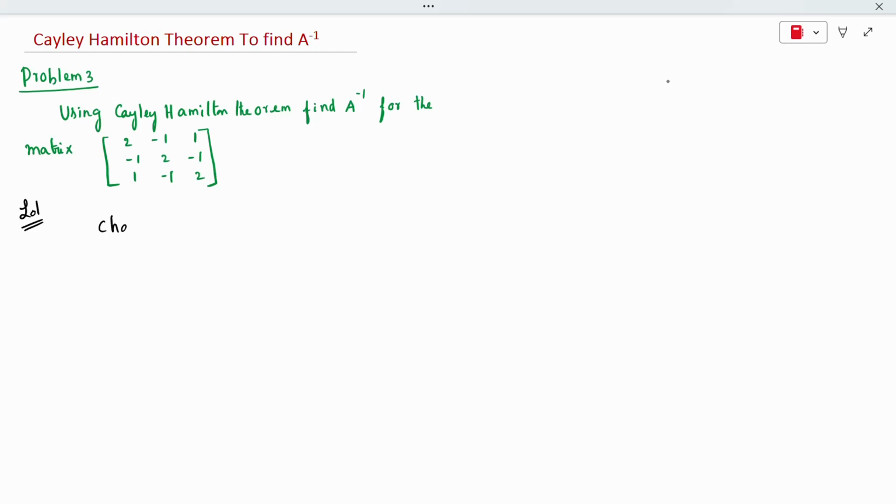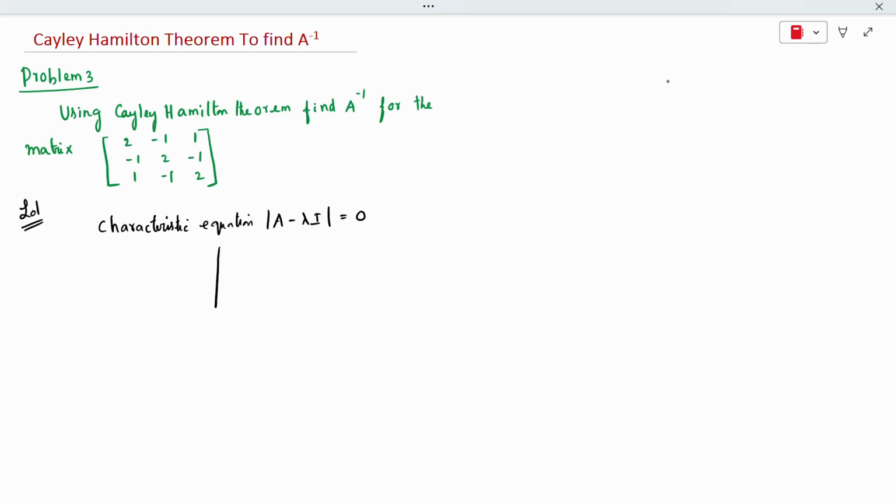What is the characteristic equation? A minus lambda I equal to 0.